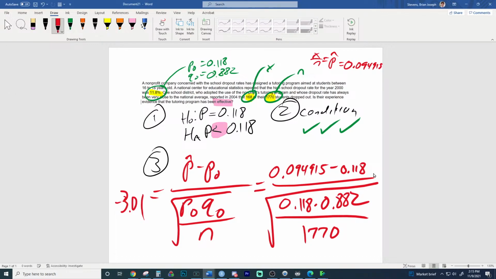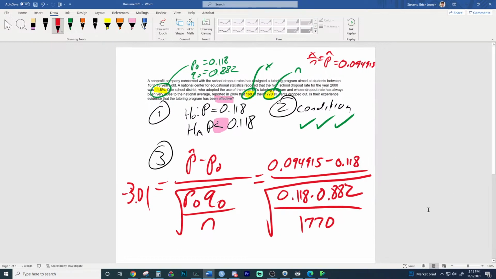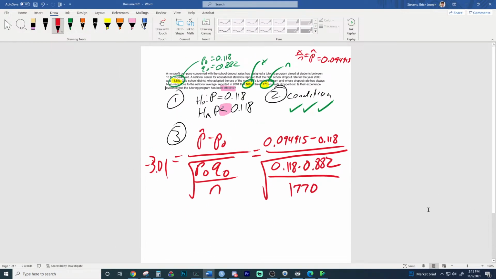And this is awesome, because when we find the p-value now, we can very easily decide what's going on right here. The p-value is going to be very easy to deduce, because we're almost exactly at 3 standard deviations.